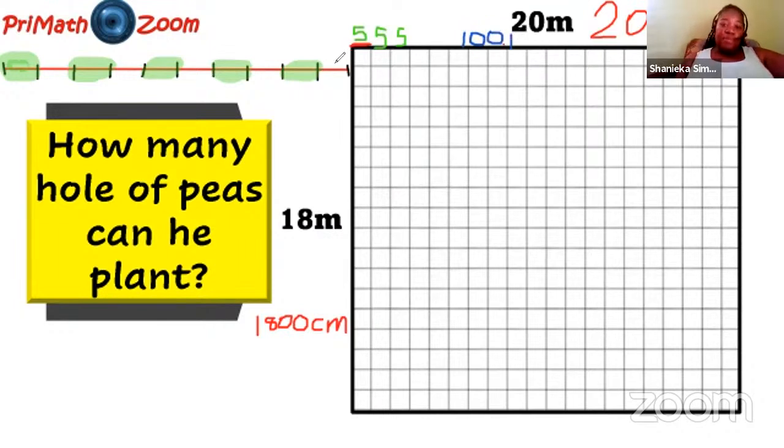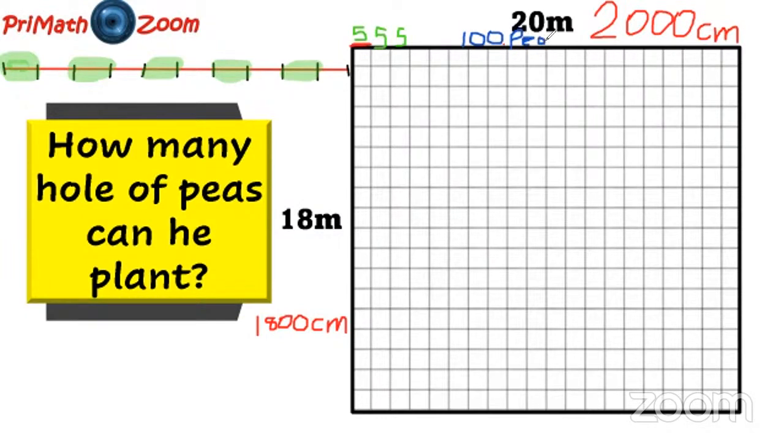Can you tell me how many peas would be right here going down? Miss, since it's 8... hold on. All right, great job, guys. I see you have calculated 5 times 20 to give you 100 peas.